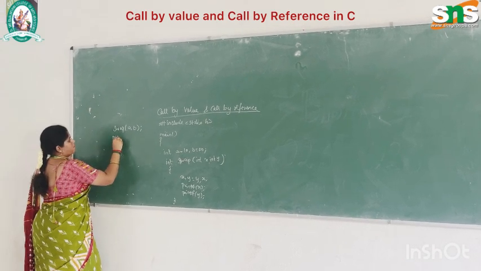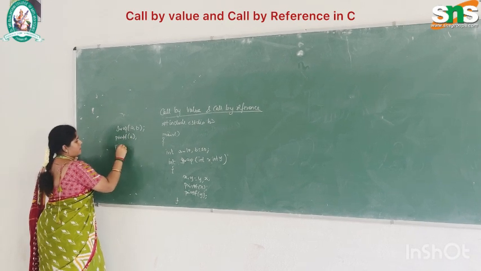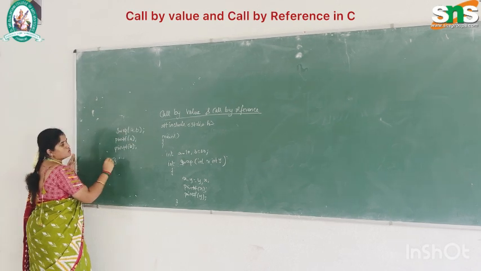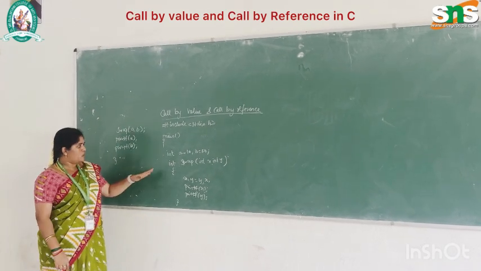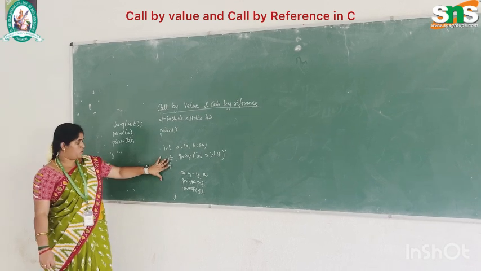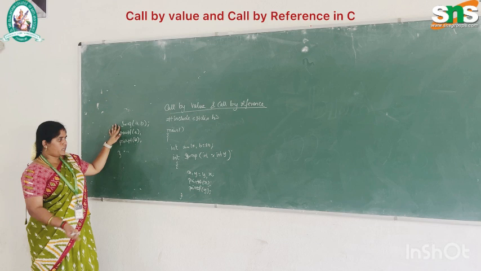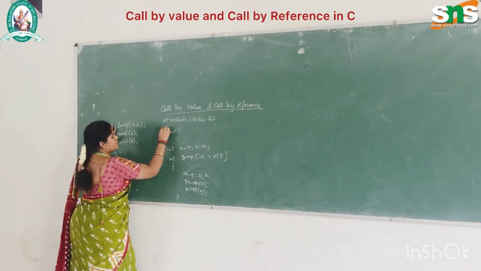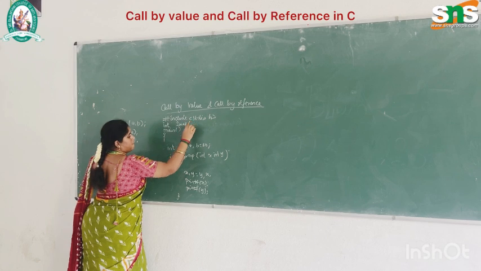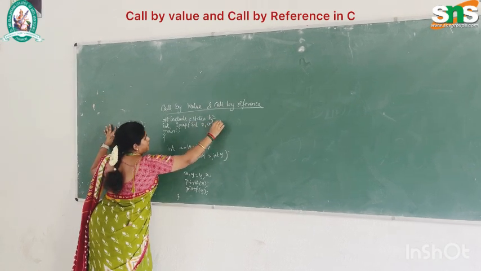Now I am printing the variable a and printing the variable b. Let us discuss the output here. Sorry, in between I have to mention the function definition: int swap, int x comma int y.